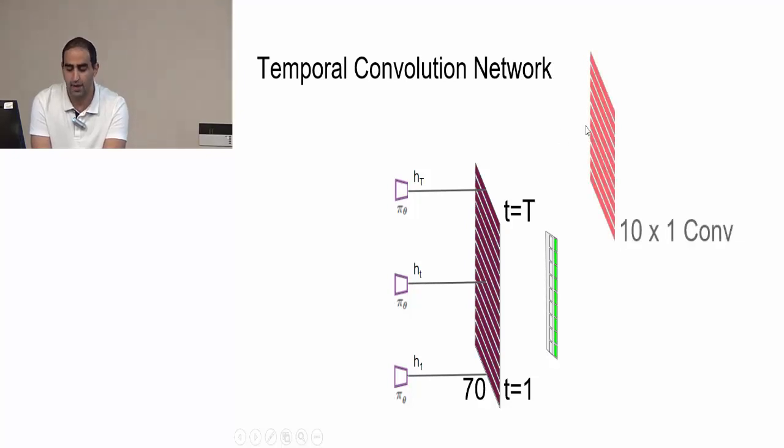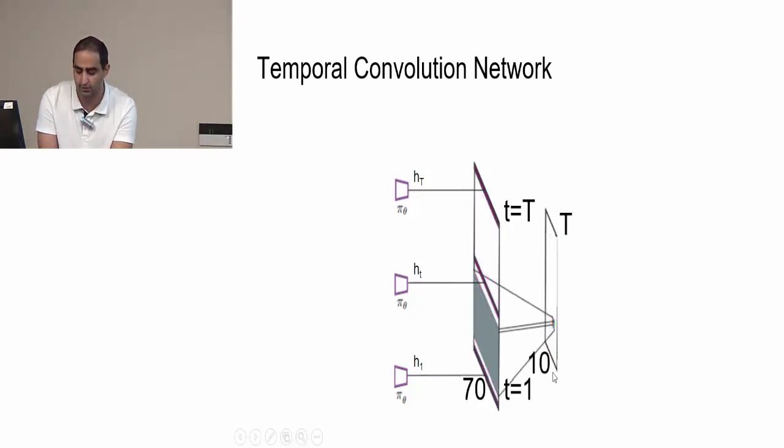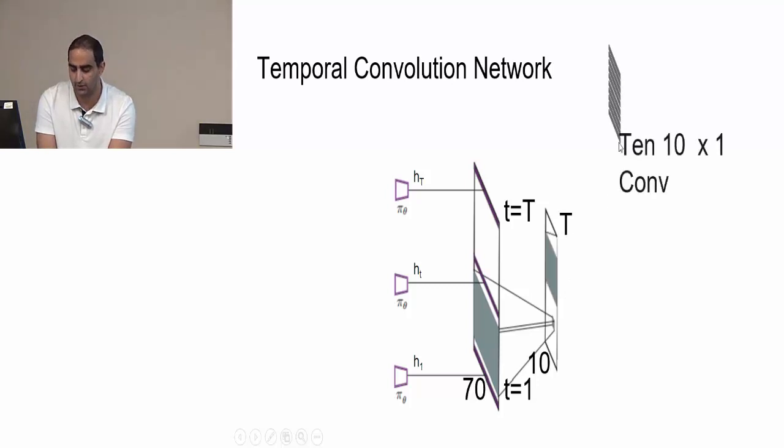Then we use another mask and again do the same thing, multiply and sum, and it gives us the corresponding elements. So the length of the next layer is equal to the number of masks in the convolution, and we use 10 convolutional masks. So this one is 10, and because we use the same padding, the height is still capital T. Then we again apply 10 by 1 convolutions on this layer.